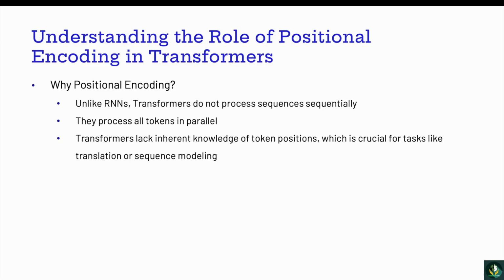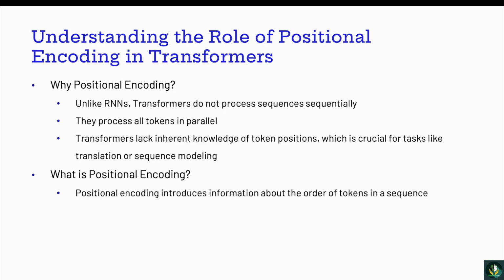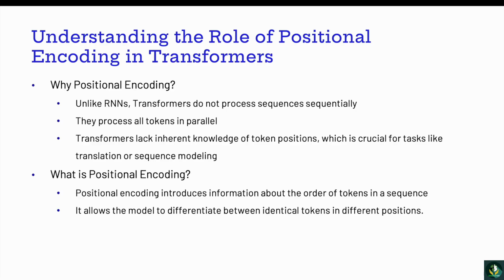Now, transformers lack inherent knowledge of token positions, which is crucial for tasks like translation or sequence modeling. What is positional encoding? Positional encoding introduces information about the order of tokens in a sequence. It allows the model to differentiate between identical tokens in different positions.